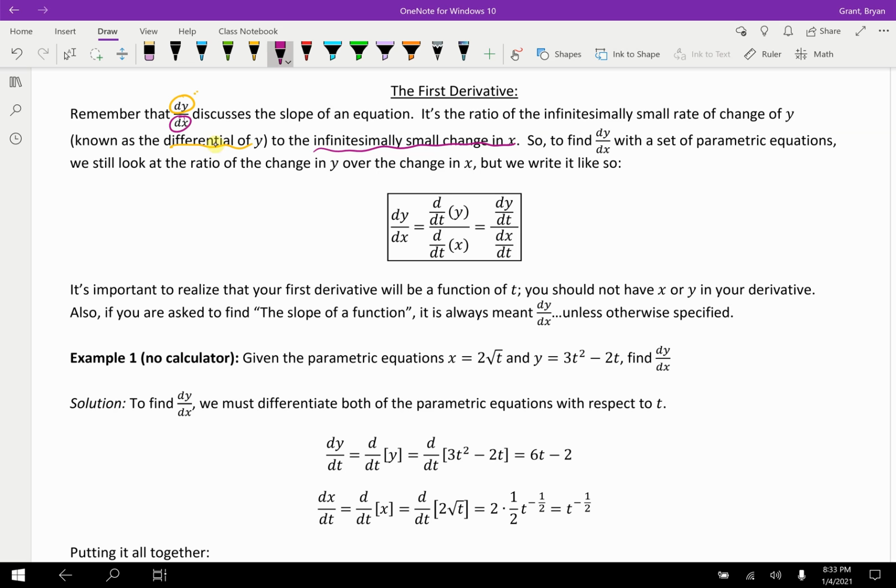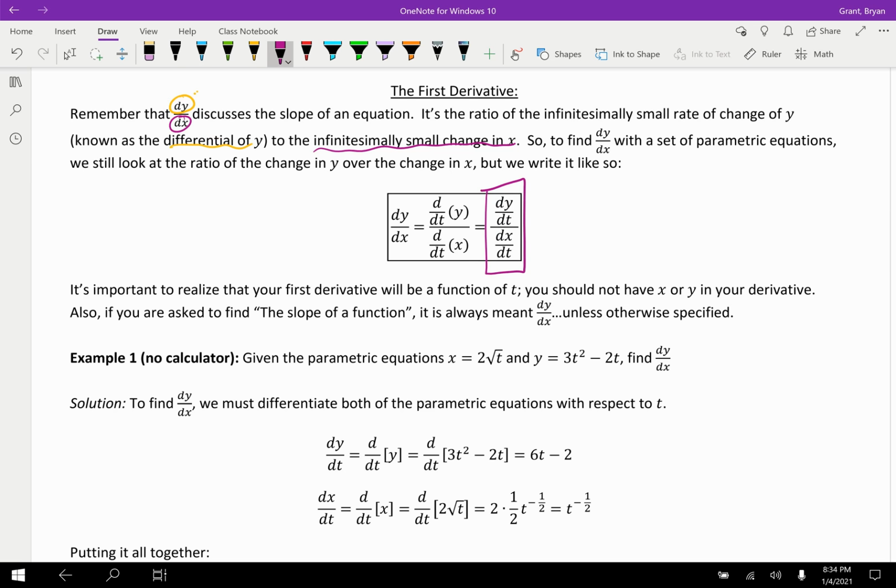Now we're going to see how the y component changes as you push t a certain amount, when you compare it to the x component as you push t that same amount. And by doing that, it will give you the same answer as dy/dx. And so the formula we need to remember is that dy/dx, or the derivative of an equation defined parametrically, is given like this.